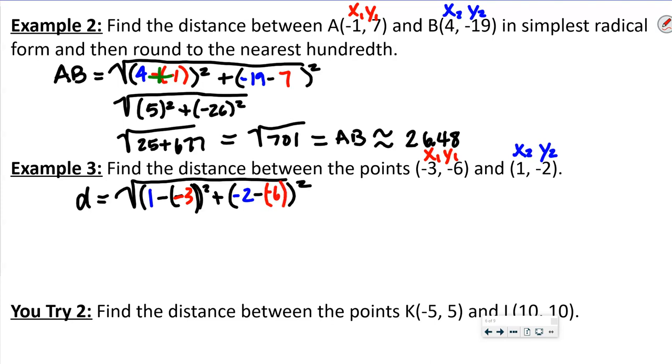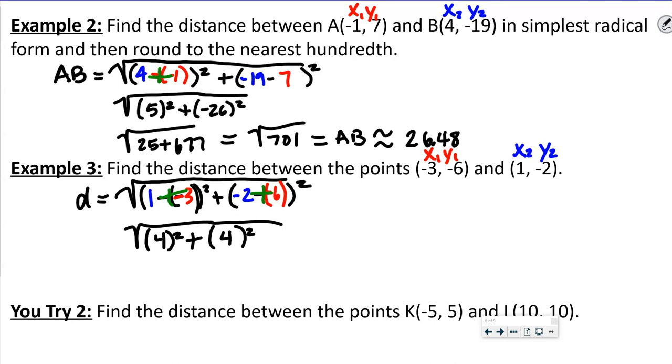So here you notice we got negative, negative again. So we're going to change this to plus, and change this to plus. Then we can do our next step easier, right? So this is 1 plus 3 is 4, so that's 4 squared, plus, and that's -2 plus 6, so that's going to be 4 squared again.